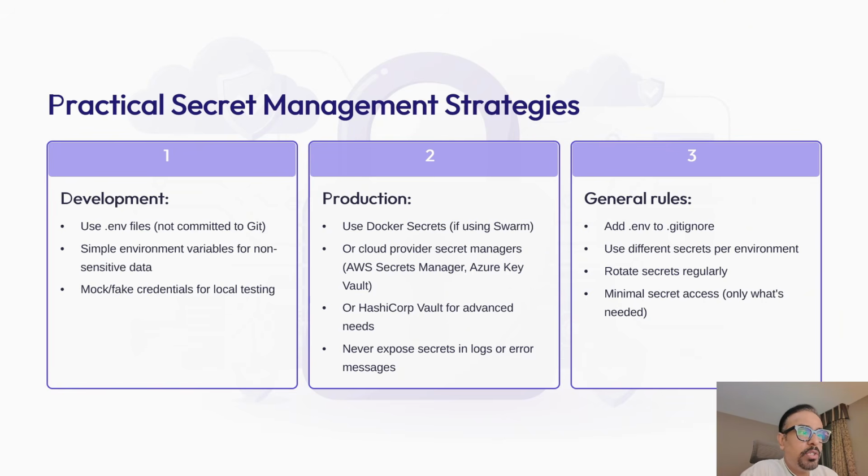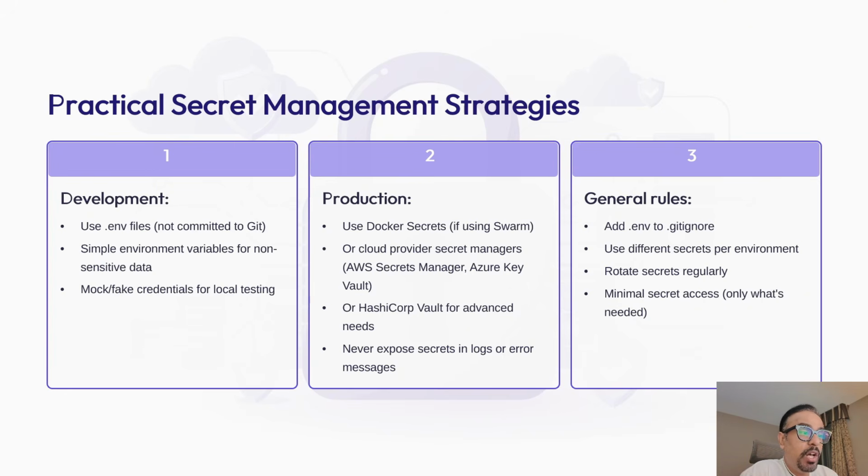For non-sensitive configuration, regular environment variables are fine. As I already said, for a port number, there is no need to put that into specialized secure management. You can even use mock or fake credentials for local development. A local test database doesn't need a strong password.